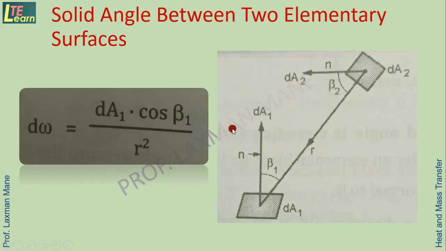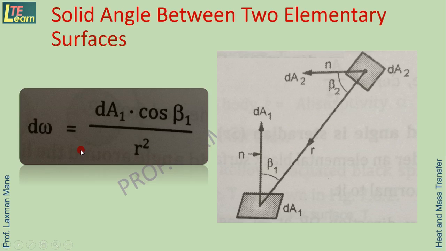Solid angle between two elementary surfaces. These are the two surfaces. One has area dA1, the other has area dA2. This is the distance between these two surfaces, that is R. The angle made by this distance line with the normal to surface 1 is beta 1.